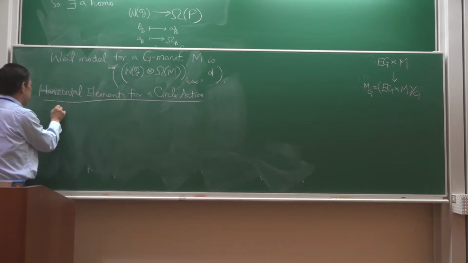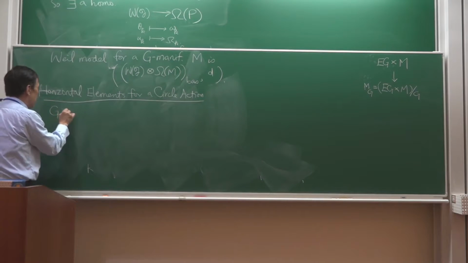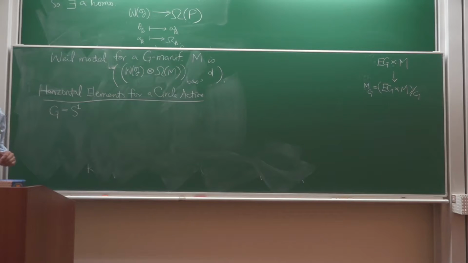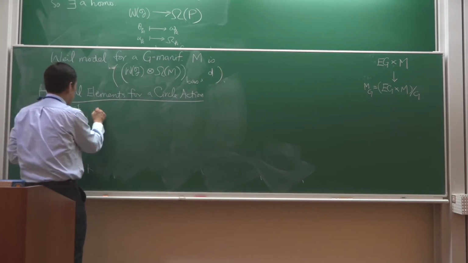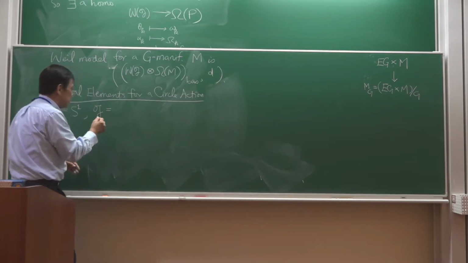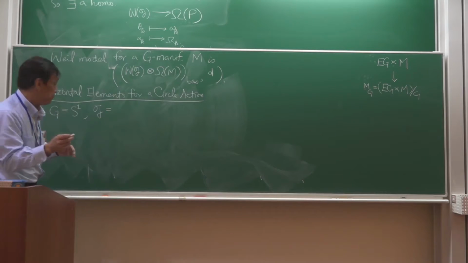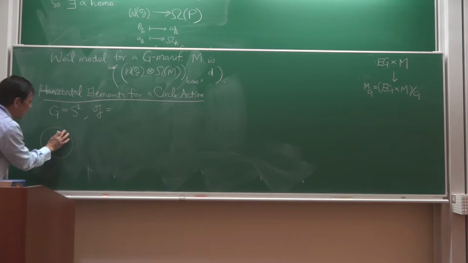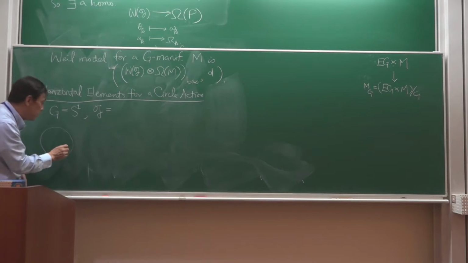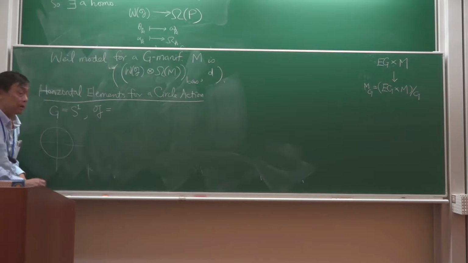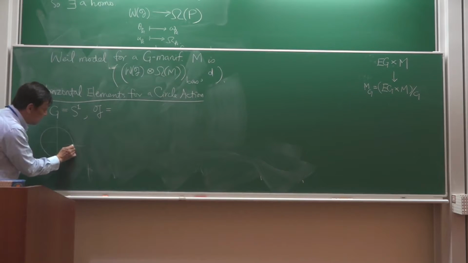Okay. So for a circle action, the group is S1. The Lie algebra is one-dimensional. Now, if you view S1 as the unit circle in the complex plane, then the identity is here.